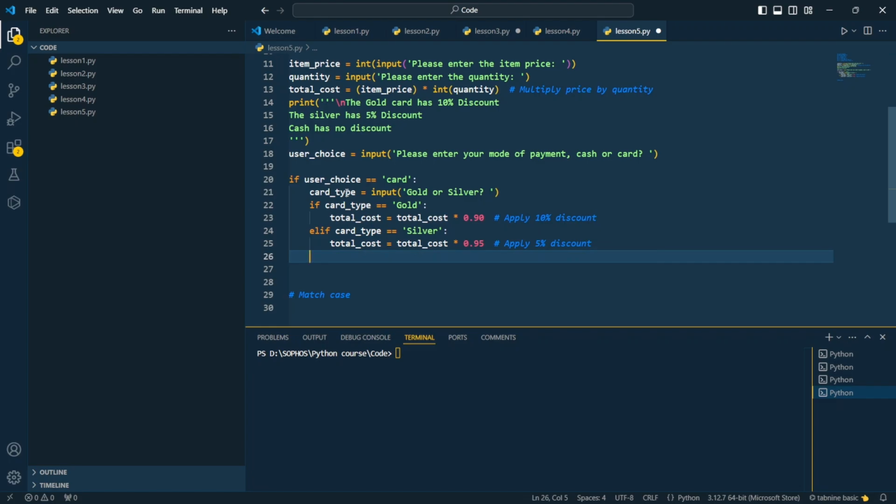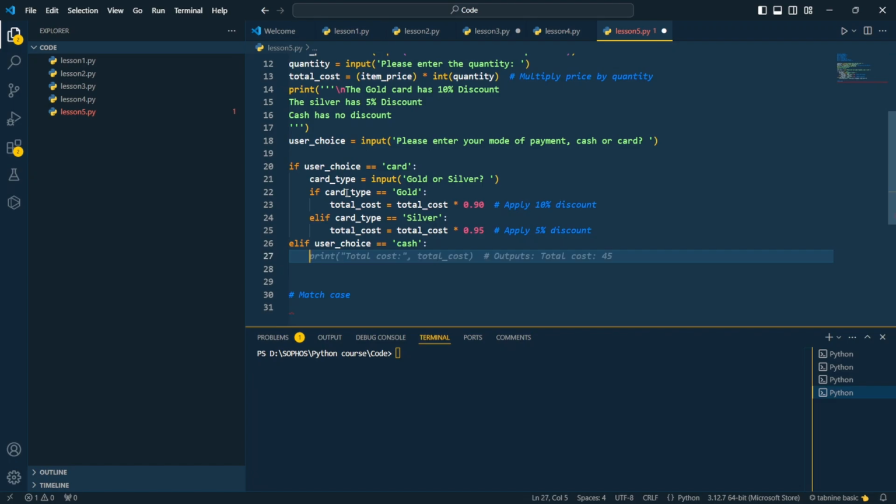Now what if the user does not have a card? What if the user has cash? Then we would go to the same if statement that we initially started. Here we are going to write elif user choice is equals to cash. Now we are going to give him no discount at all.